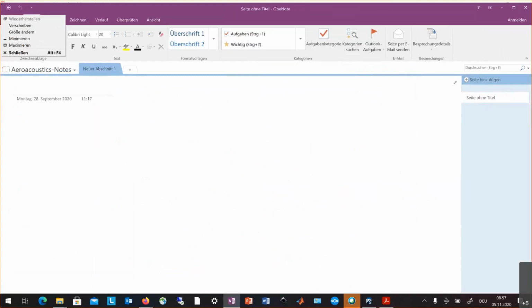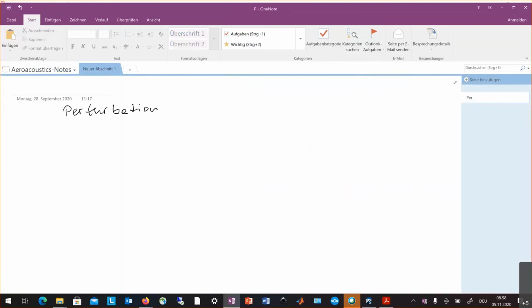Okay, so we have this perturbation ansatz, and important is again that I explicitly write it in this form.